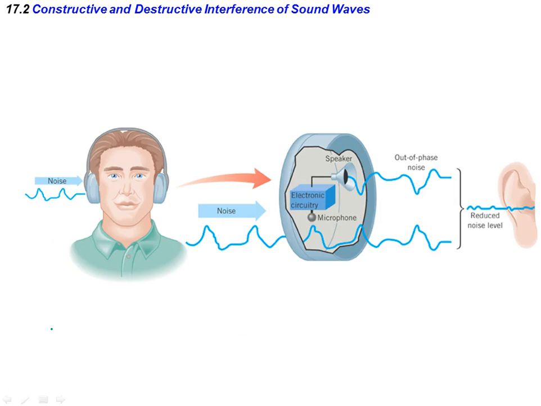Destructive interference isn't always necessarily bad. We actually use this a lot of times to our advantage. Our phones use this, and noise canceling headphones use this as well. When you have noise canceling headphones on, they actually receive the noise that's coming from the outside. And so we have this noise coming from the outside and some wave fronts coming in.